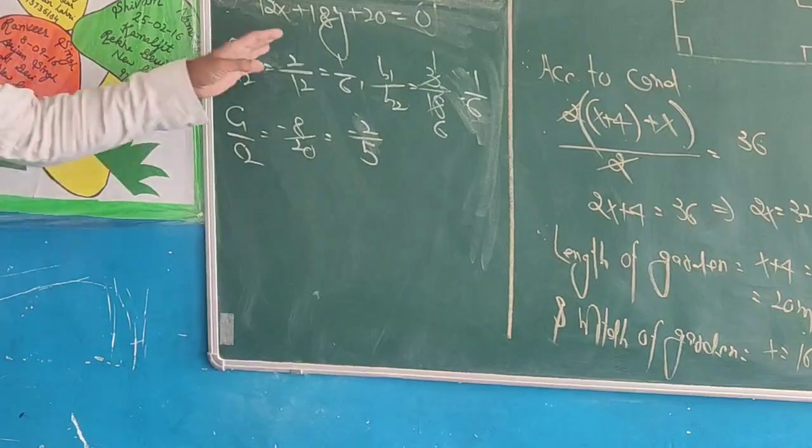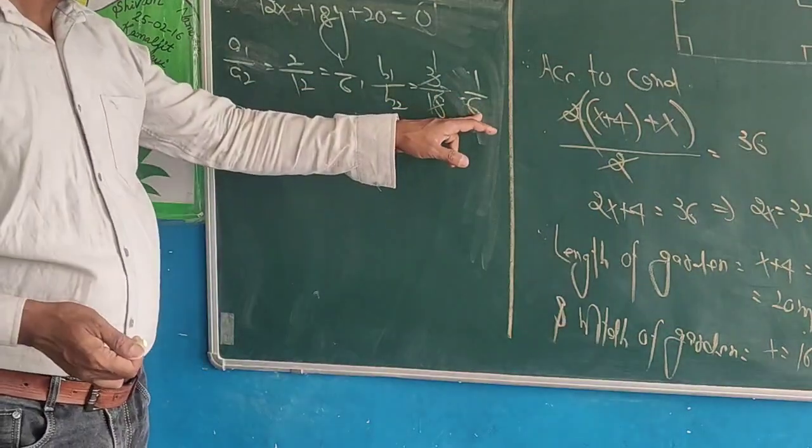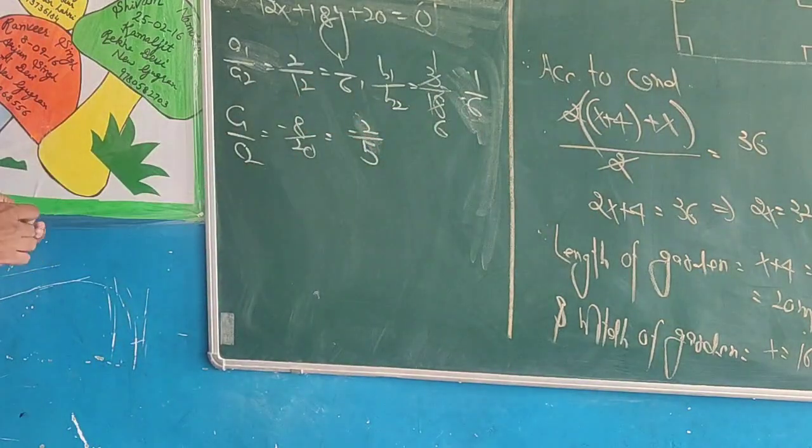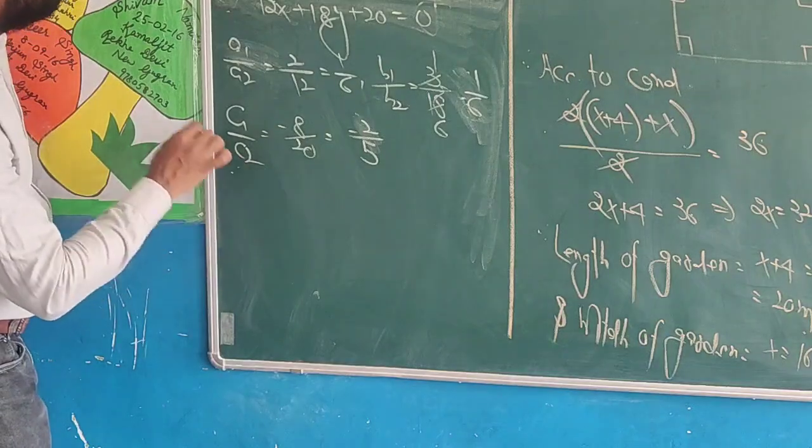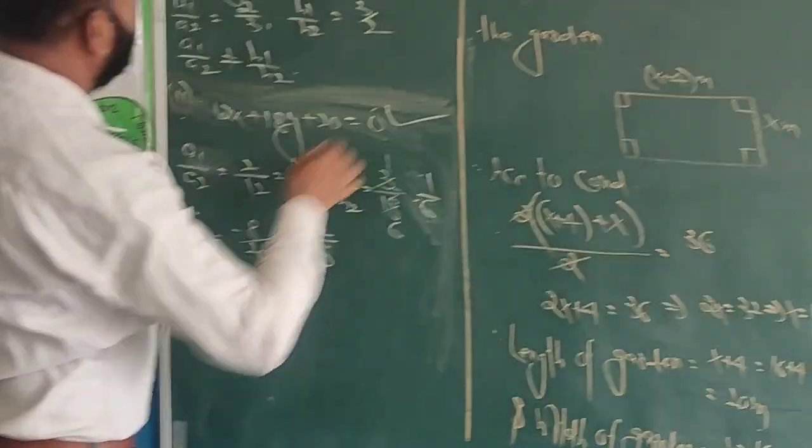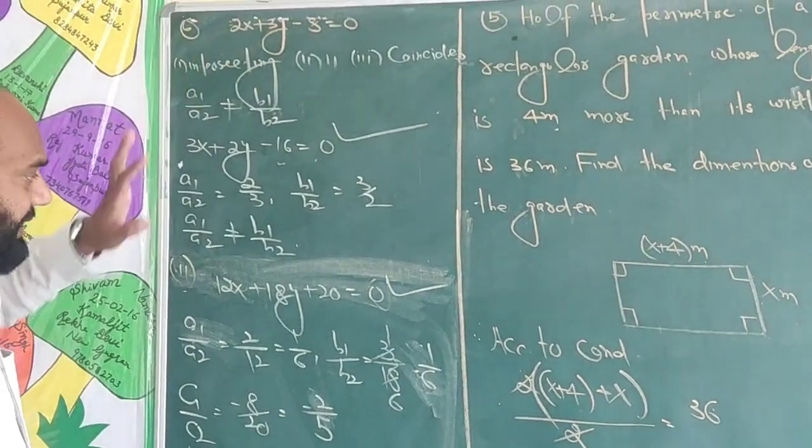And we see here a1 upon a2 equal to b1 upon b2 but never equal to c1 upon c2. So this is the required line that is parallel to this line.